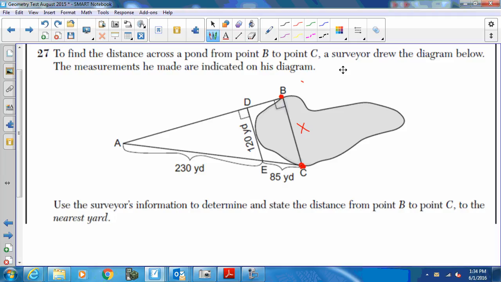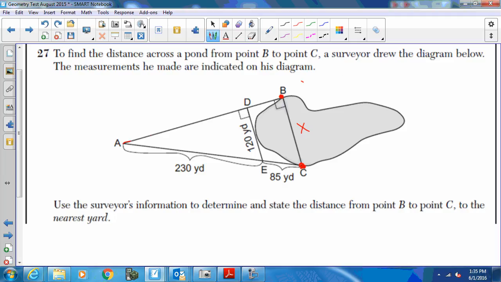Now, you might look at this first and think, well, I have right triangles, so I can use the Pythagorean theorem, a squared plus b squared equals c squared. And you might, in a way, be able to do that if you choose to go that route, but I think that'd be more complicated. I think an easier way is to recognize that we actually have two similar triangles here.